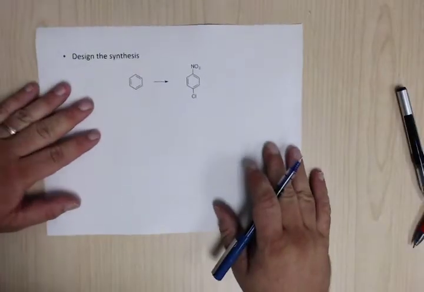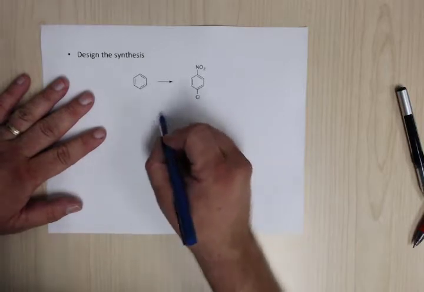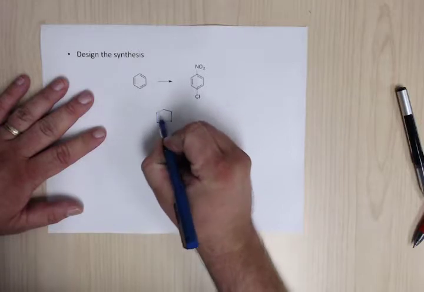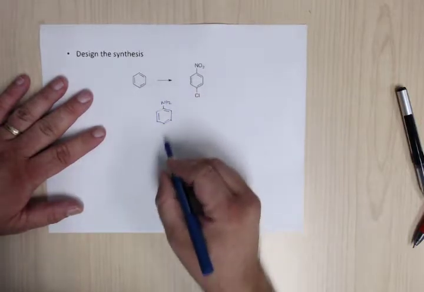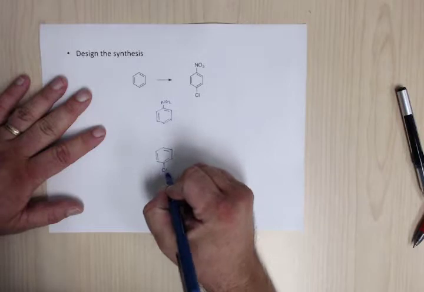Now for design of synthesis, okay. Now typically what you're going to want to do is say, okay, we're going to have to go through two paths. There's two potential ways that we could do this. Okay, so we can either go through this intermediate, or we could go through this synthetic intermediate, right?